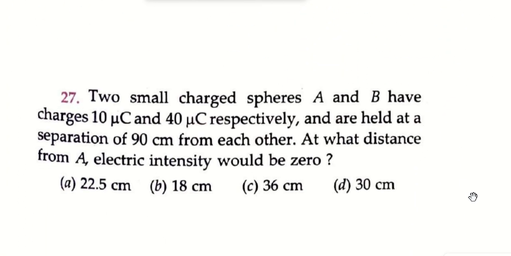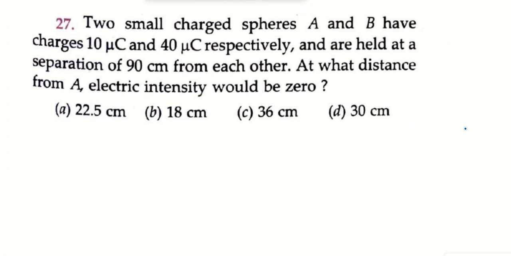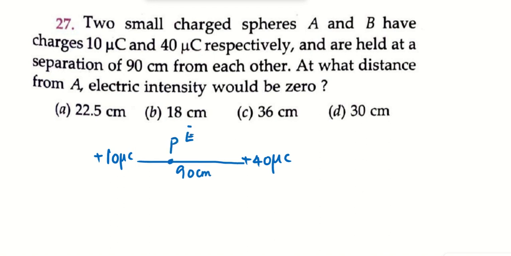Now let's see the next question. Very similar to it, but here we are going to find out at what point the electric intensity is zero. So once again we have plus 10 microcoulomb and plus 40 microcoulomb. Two charges are separated by 90 centimeter here, and we have to find out at some point P where the electric field equals zero.